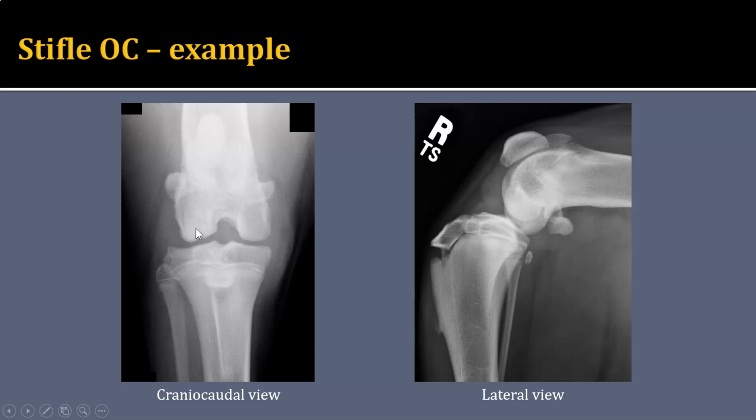This is a good example to compare what the normal subchondral bone should look like on the medial femoral condyle. On the lateral view, the lesion is more challenging, but if I look, I can actually see this little focal subchondral lucency in this part of the condyle, which is corresponding to the lateral femoral condyle, an articular defect.